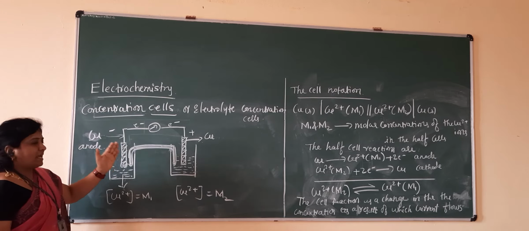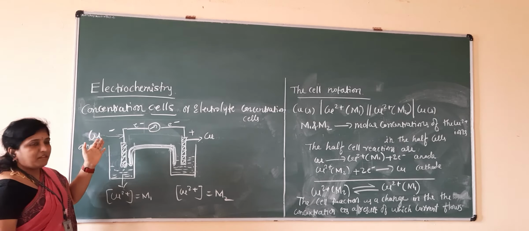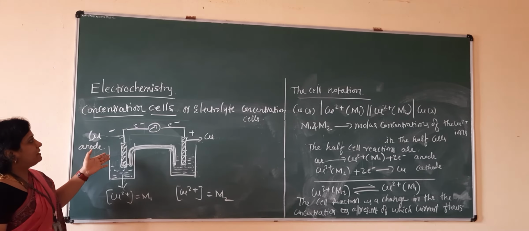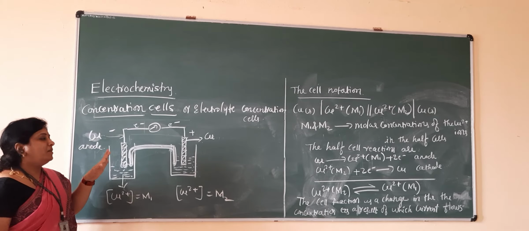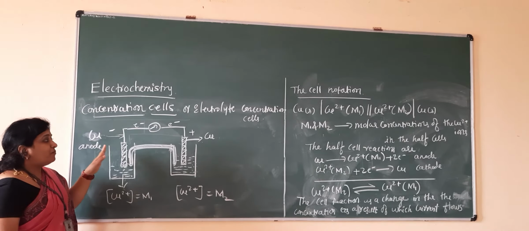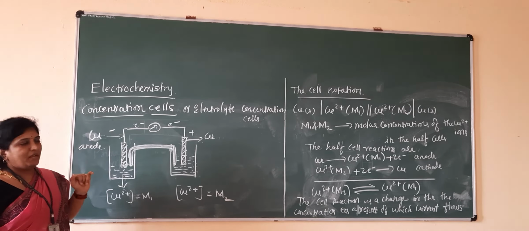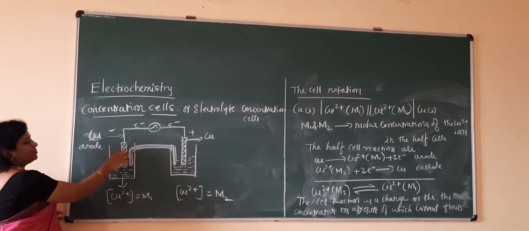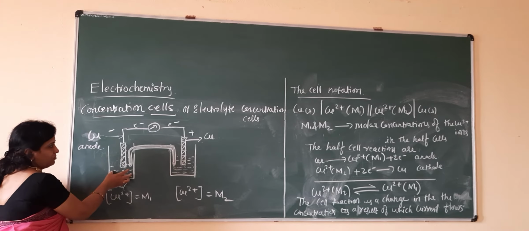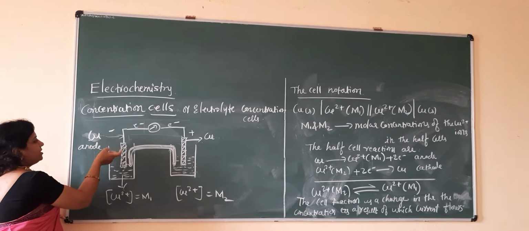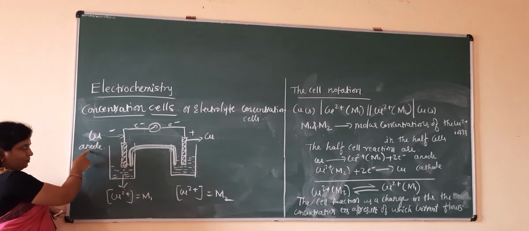Both the electrodes, as I mentioned in the definition, this concentration cell is made up of two electrodes, in which both the electrodes are of the same metal. Here you can see that the electrode we have dipped in this copper sulfate solution is copper, which is going to act as an anode.